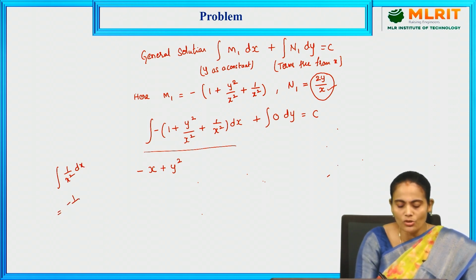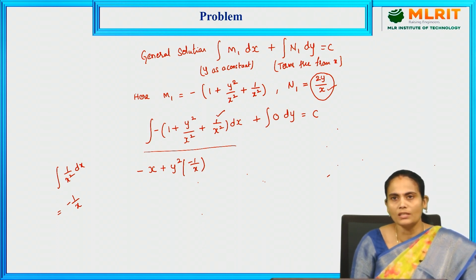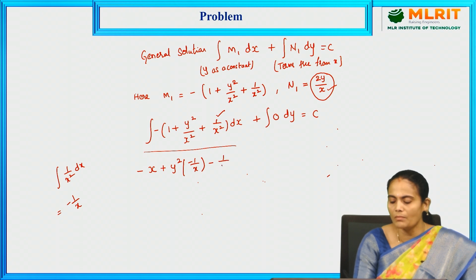The integration of 1 by x square is nothing but minus 1 by x. So here we will get minus 1 by x. Similarly, for the third term the integration is also the same, that is minus 1 by x. Minus 1 by x is equal to c.